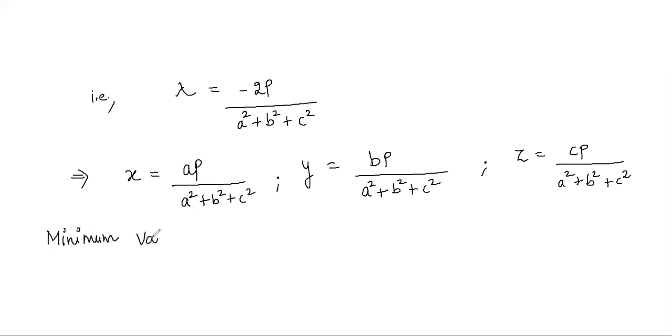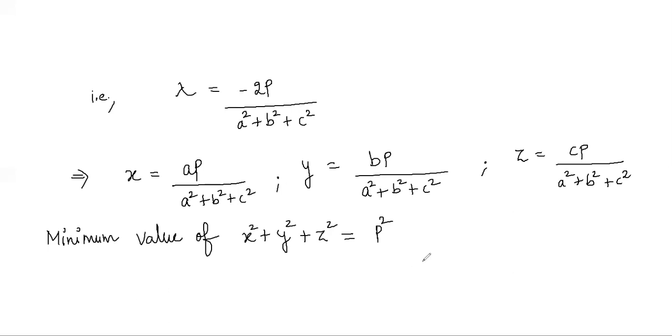So once we have the critical point, let us find the minimum value of x square plus y square plus z square. It will be equal to p square.